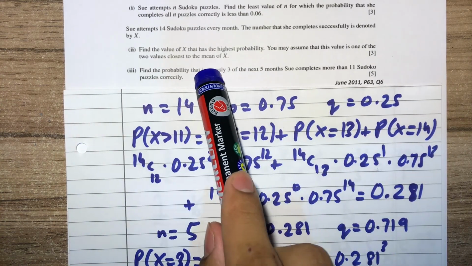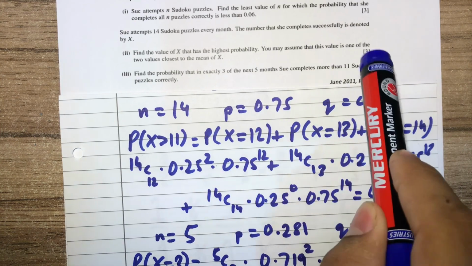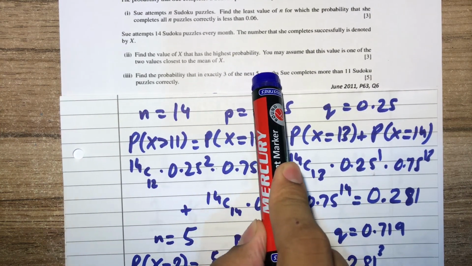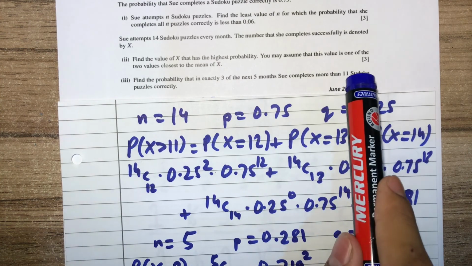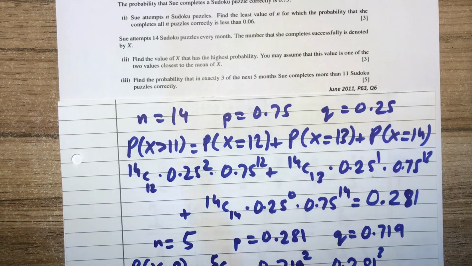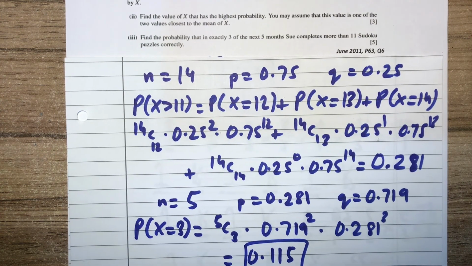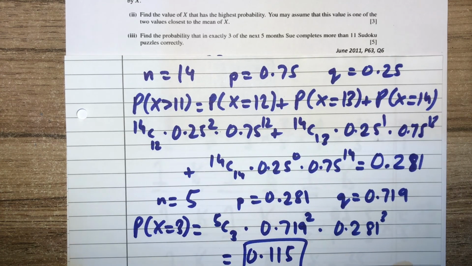Now what they're saying is that in 3 of the next 5 months this should happen. So in that case, n will be 5. The probability of success is the probability of getting more than 11 puzzles correct, and that we found as 0.281. So the probability of failure will be 1 minus 0.281. Out of 5, we have to get exactly 3 months in which this happens. So 5C3 times and so on.